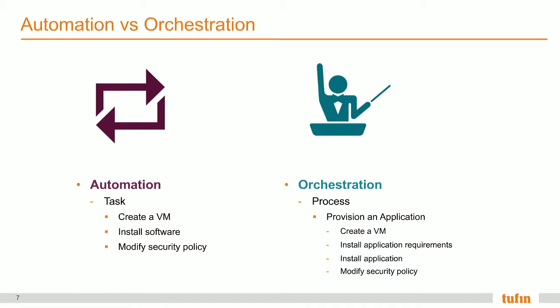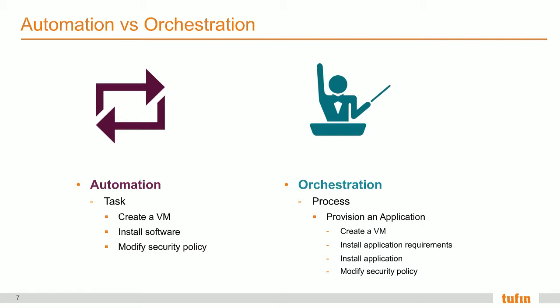What follows next is actually orchestration. And orchestration is focused around process, right? That is a series of tasks or a grouping of automation in order to accomplish or complete an entire process. So the previous example about creating a VM may be one step in a larger orchestration process that is provisioning an application, right?